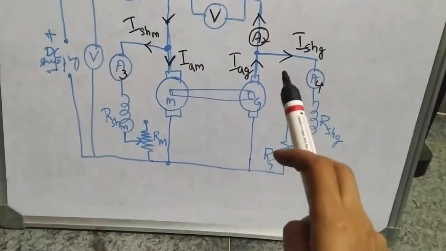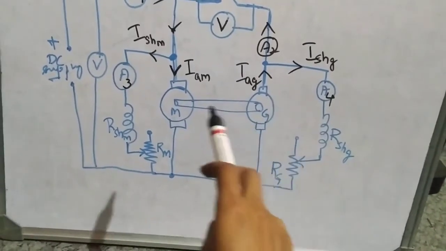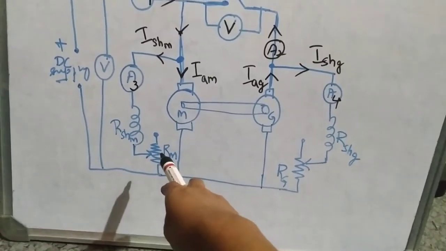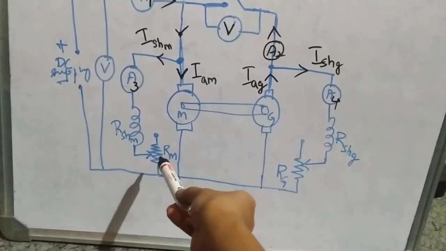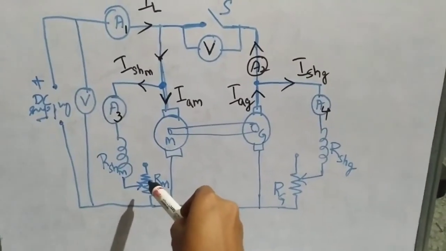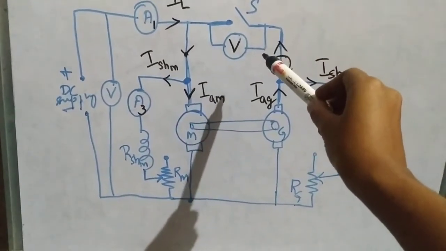The speed of the motor will be adjusted to the normal value with the help of the field rheostat. Here the voltmeter reading will be observed.